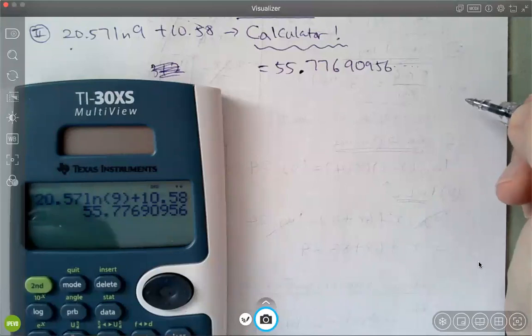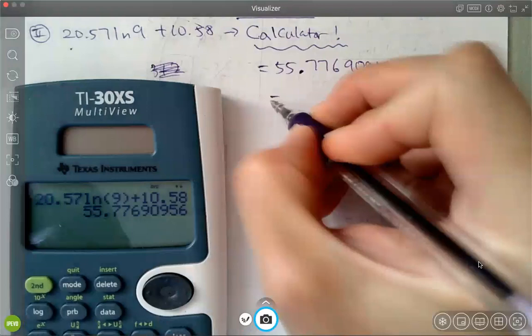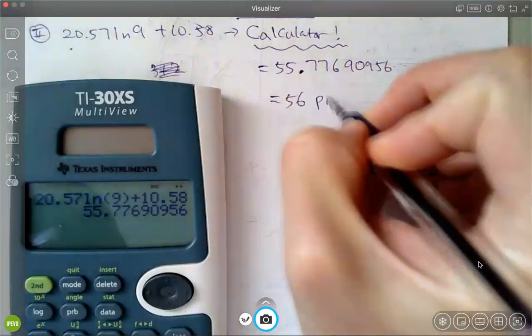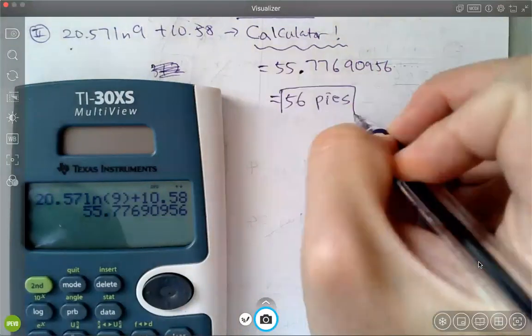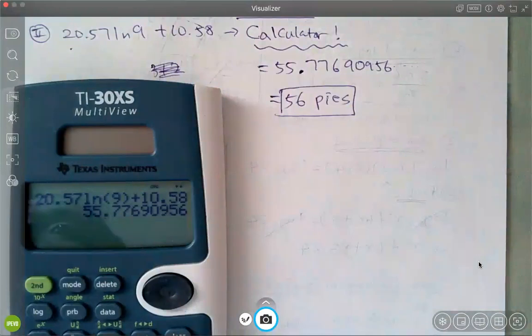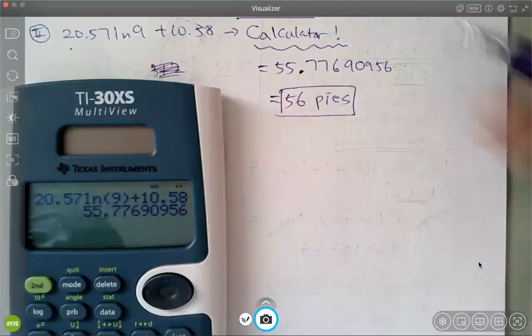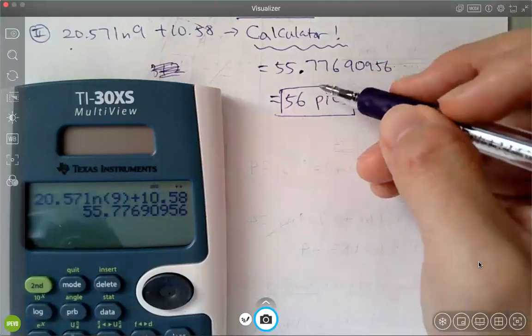So I guess it's quite easy to guess what the answer should be. It's either 55 or 56, right? Which one is it? 56, yes. And why do we have to round up instead of rounding down? Because if we round down and get 55 pies, then that is a little bit short of this decimal, right?